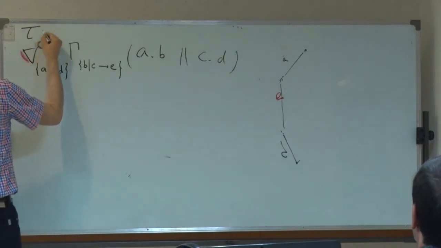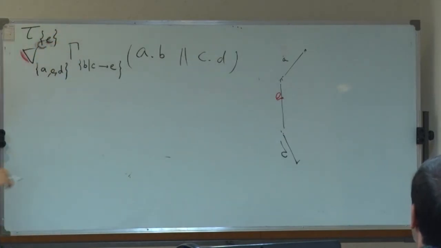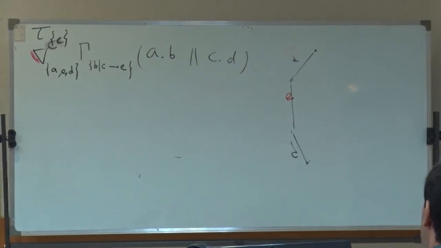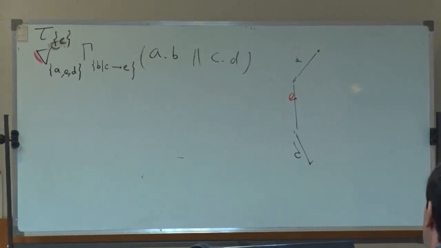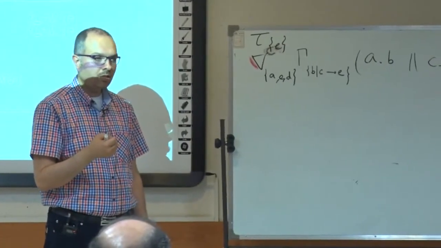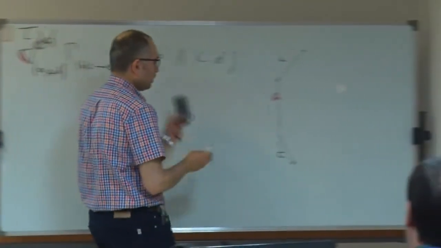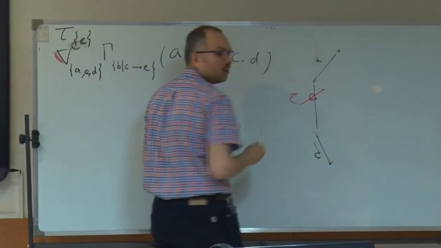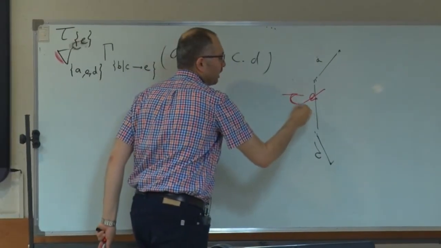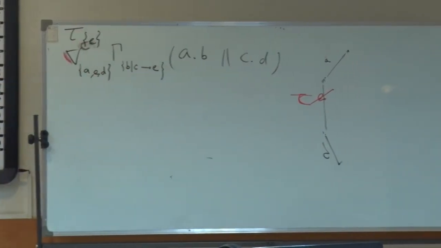Now, one more step. You could hide action E, because E is something internal to these two. And then what would happen? So first off, this is renamed into a tau. Right? That's also a renaming action. It does not change the semantics.